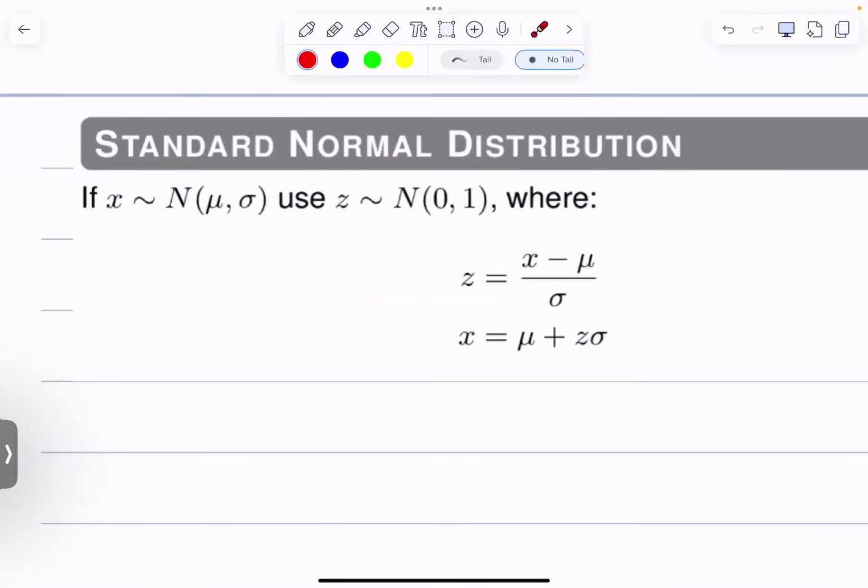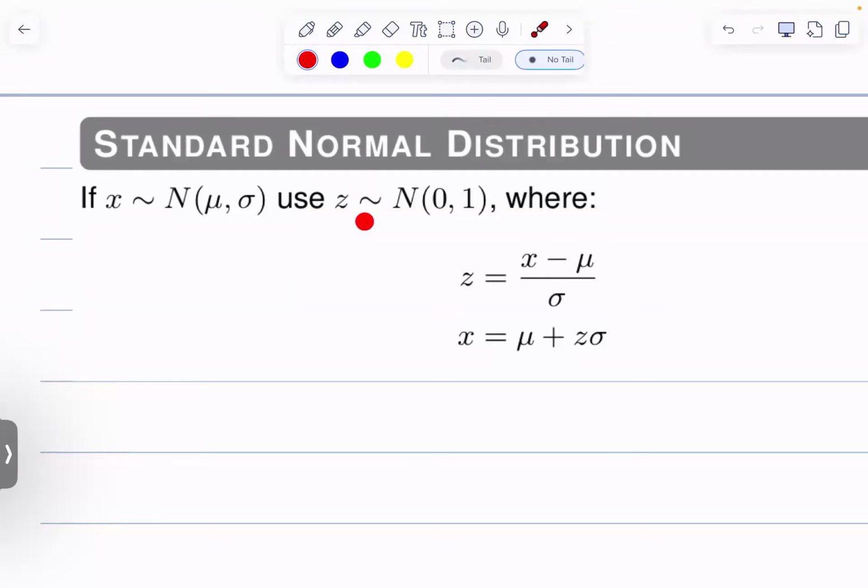On your formula sheet, it looks like this. We're told that if X, SAT scores or ACT scores or GPAs or heights or weights or whatever, follows a normal distribution with some mean mu and standard deviation sigma, then we use Z. Now, how do we read this?